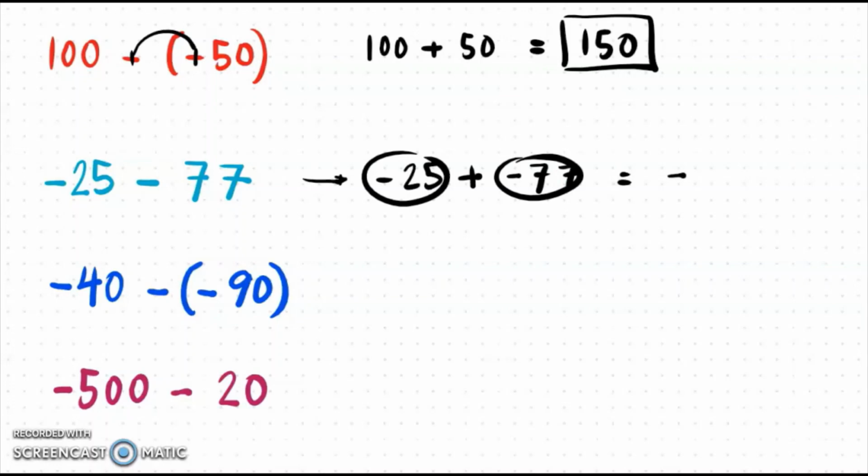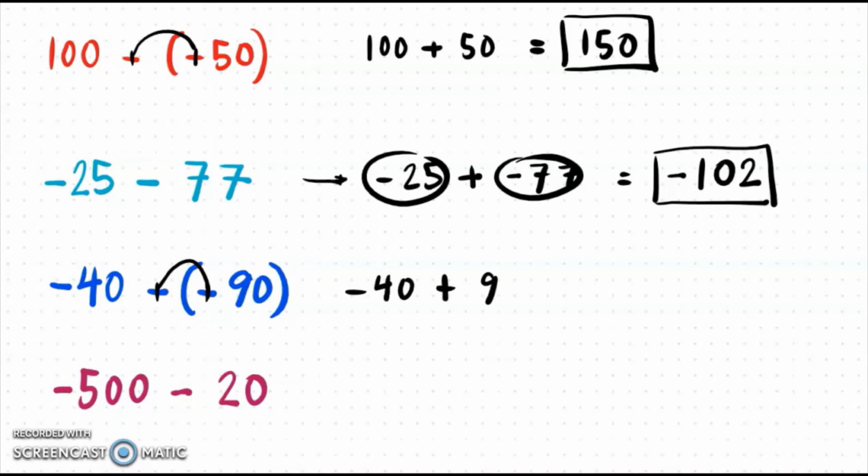So just do normal addition. We have negative 102 as our answer here. Okay, for the third one, again, minus negative. So we make them plus. So it's negative 40 plus a 90. So we are adding different sign integers.